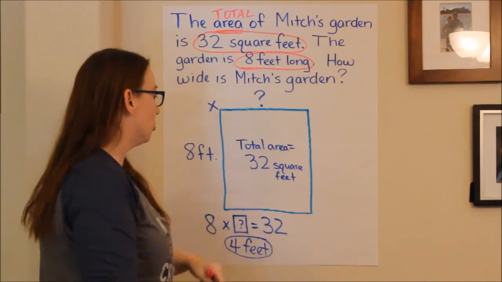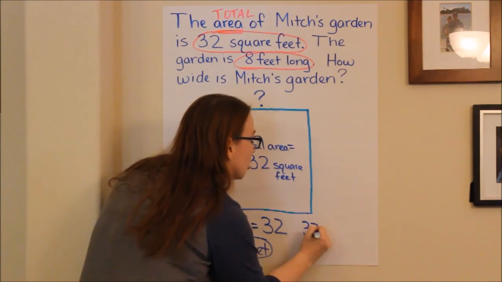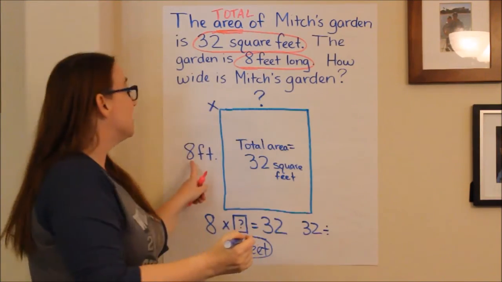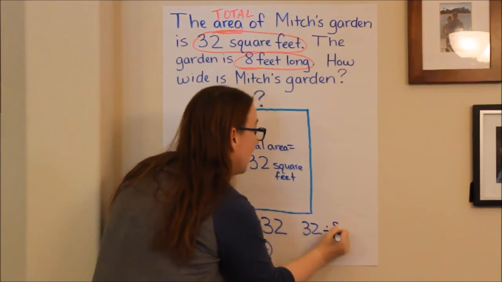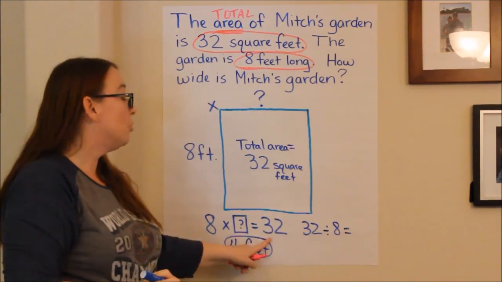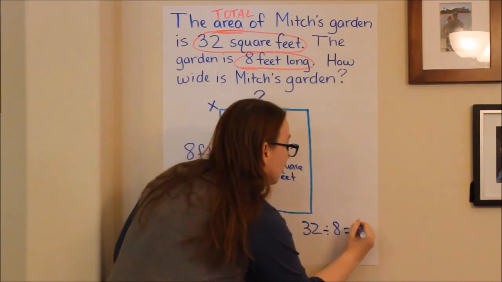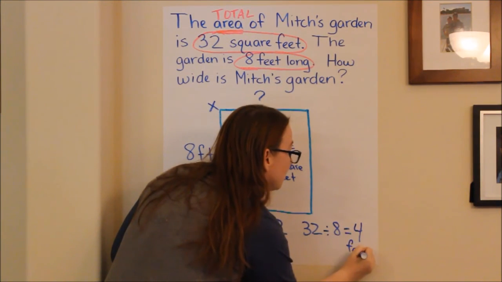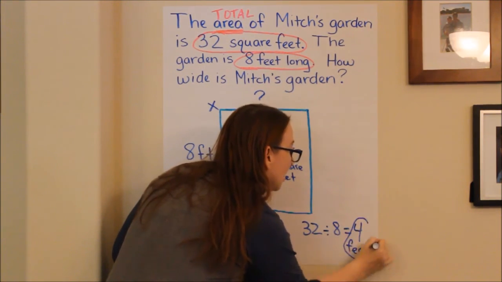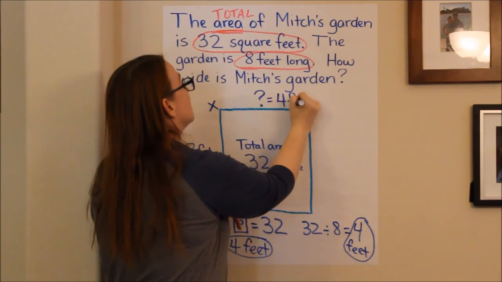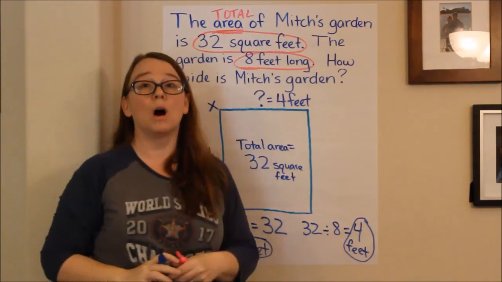Since I know the total, I could start with my total, and then I could divide it by the side that I do know. Again, since these are both in the same family, I would still get an answer of 4 feet. So I know that Mitch's garden is 4 feet wide.